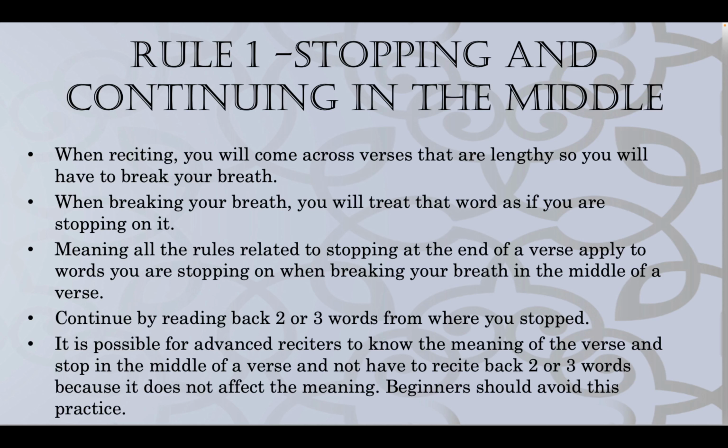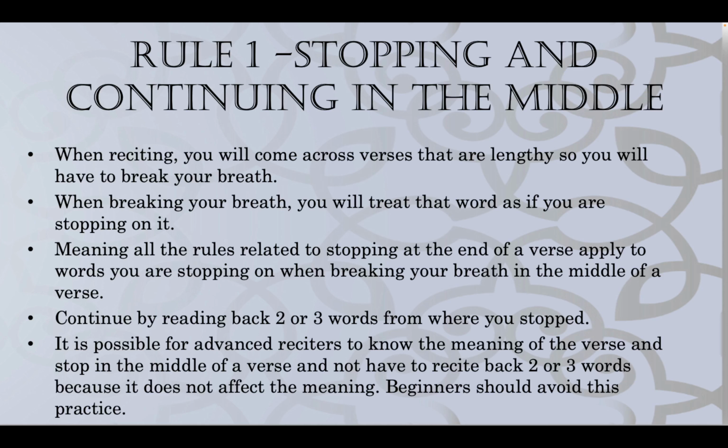Now, it is possible for advanced reciters to stop at a word and continue from the next word, even though there is no stopping point or rule to stop there. They can stop and continue, and they don't read two or three words back. That does not affect the meaning at all.